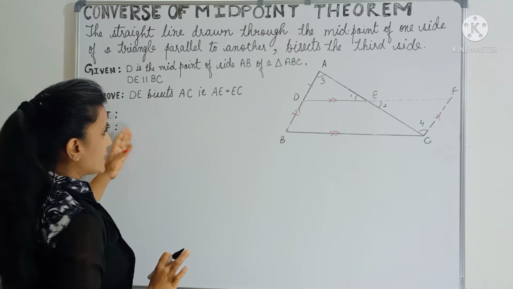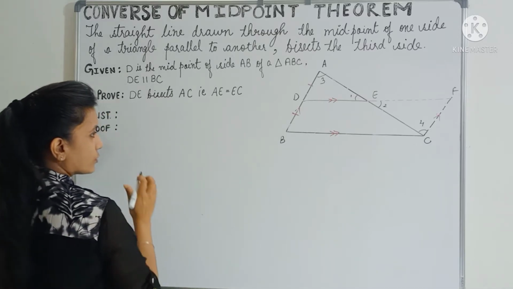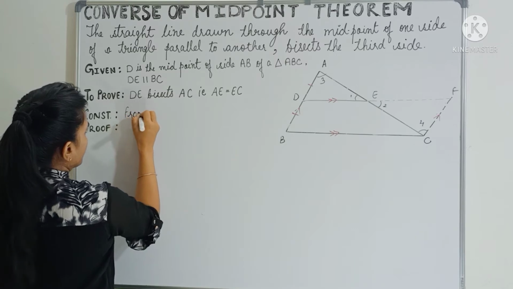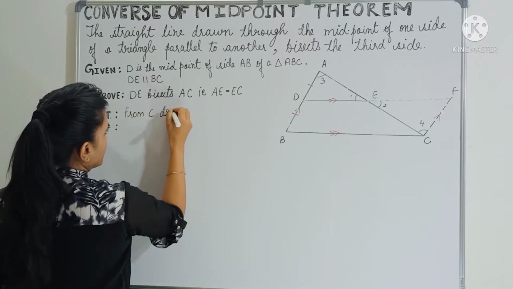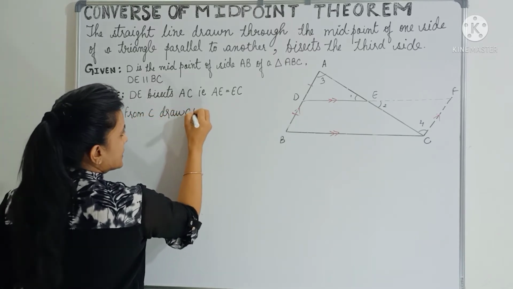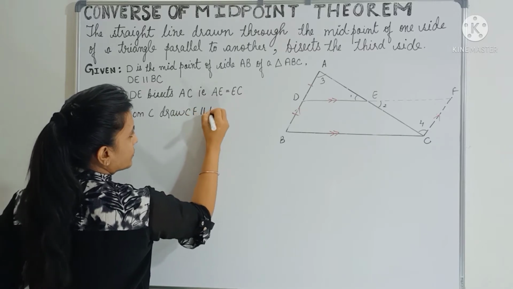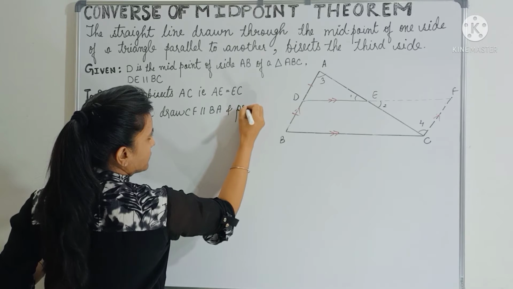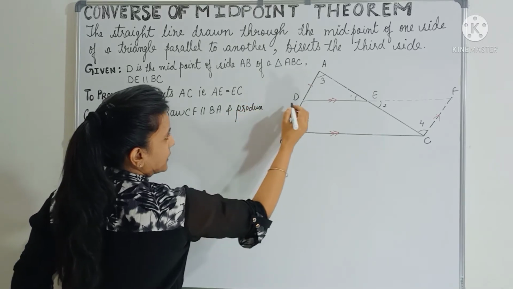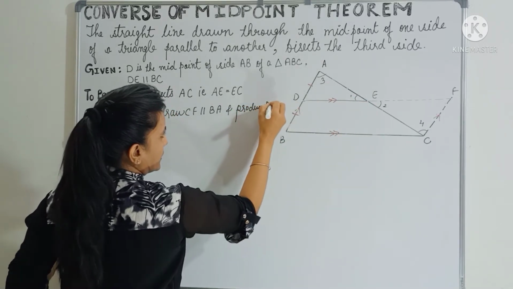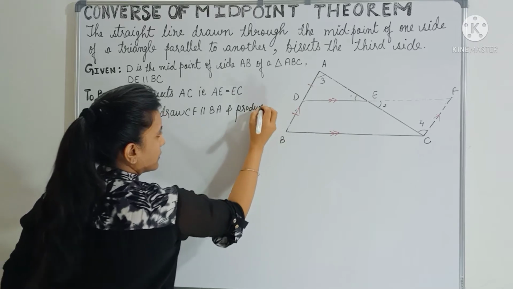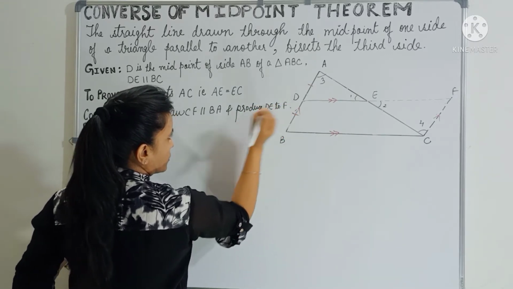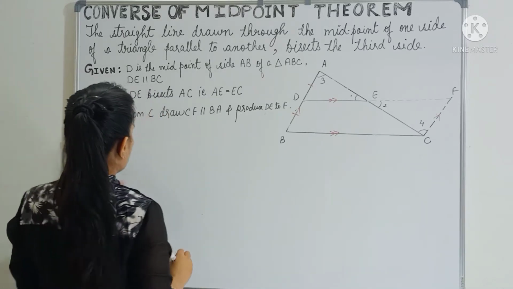So let's see what we constructed here. So construction will be: from C, draw CF parallel to BA and produce DE to F. So this is your construction. Okay. Now proof.